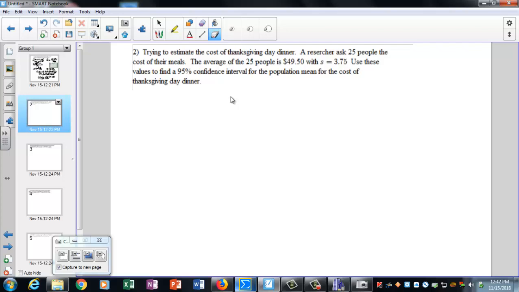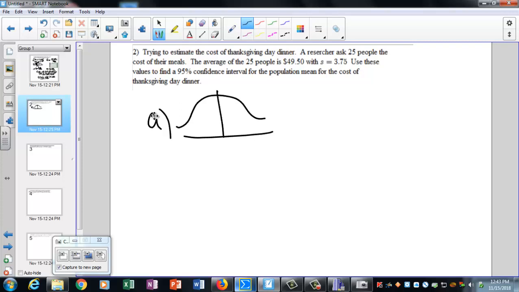Now, in order to do the t-score, we got to know degrees of freedom. Remember that degrees of freedom is always n minus 1. So for part A, this area here is 0.95, which makes this area here 0.025. Now when I look this up, I got to use the t-score chart that has degrees of freedom down the left side.